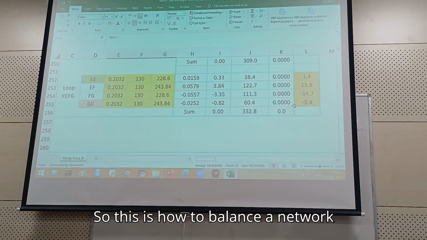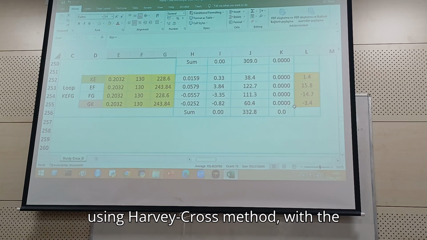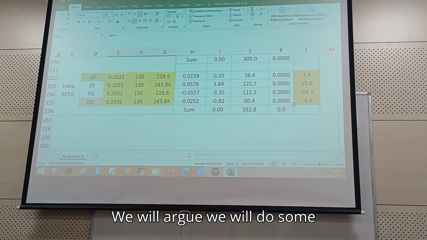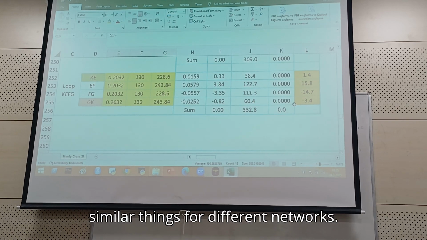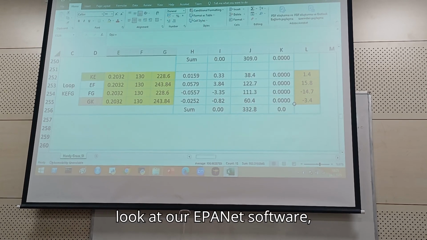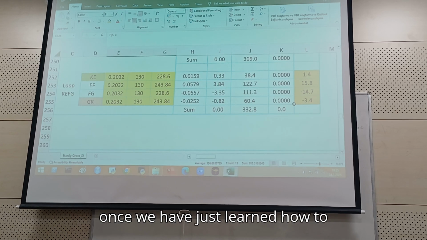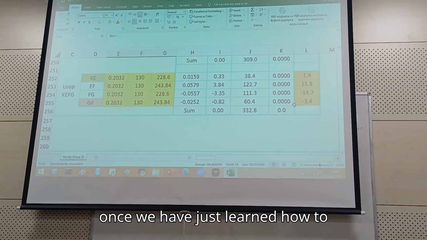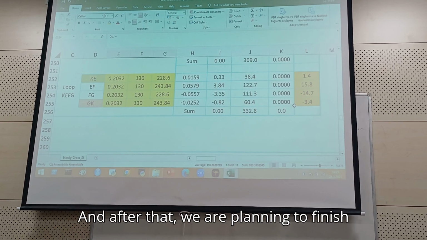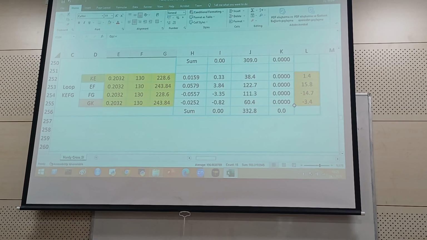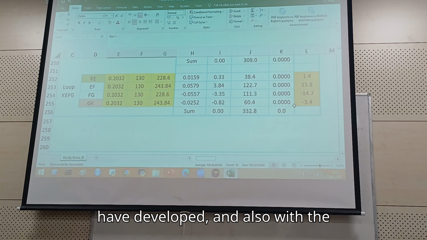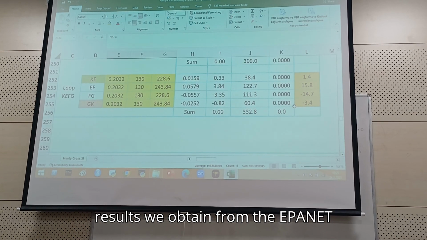So this is how to balance a network using the Hardy-Cross method with the approximation of the Hazen-Williams equation. We'll do some similar things for different networks, and after that we will once again have a look at our EPANet software, once we have learned how to click some buttons, and after that we are planning to finish this term. We will compare the results that we obtained from the Excel file we have developed with the results we obtained from the EPANet software.